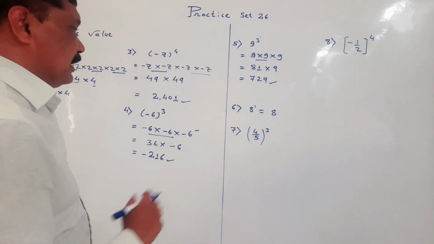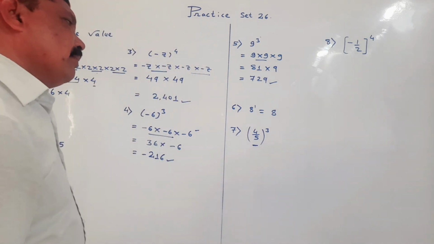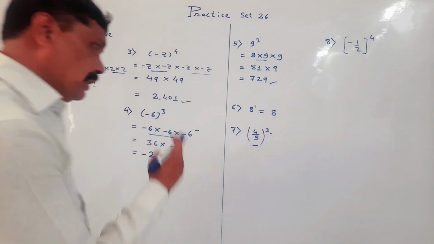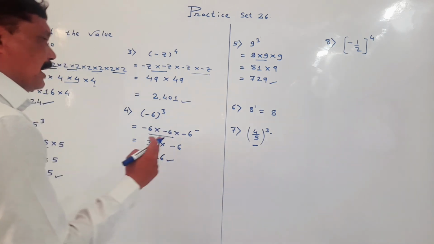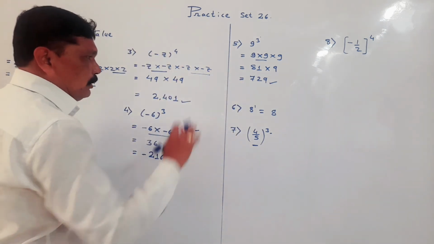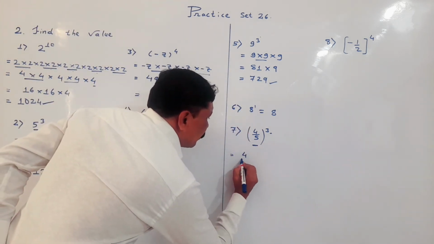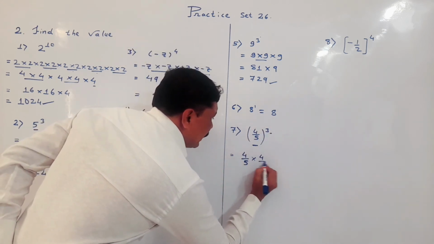Here we have base 4 by 5 and index 3. This number in the form of index can be read as 4 by 5 raised to 3. So we will take base 4 by 5 and multiply it again and again.